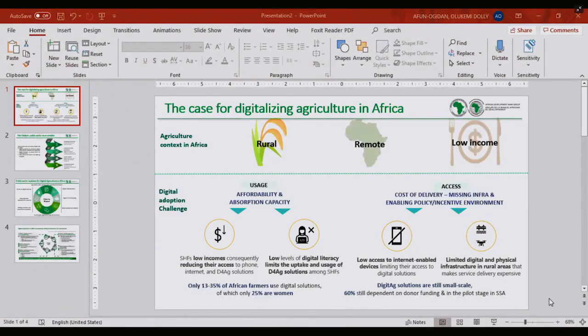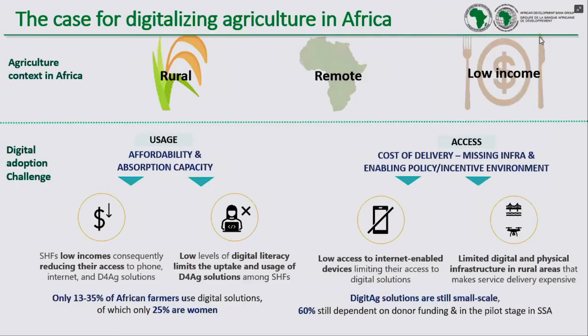So the context of agriculture in Africa is one that is driven by rural actors. Most of our agriculture producers operate in rural areas. They're remote and often low income. So what does this mean for their access to digital technologies?